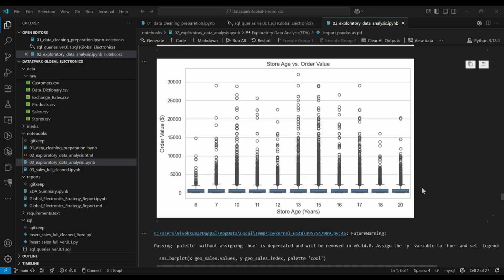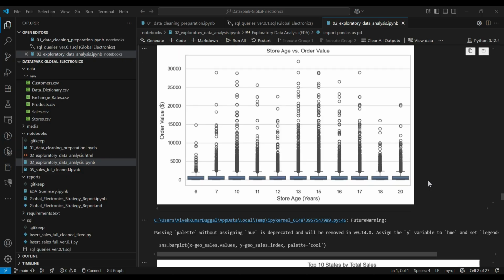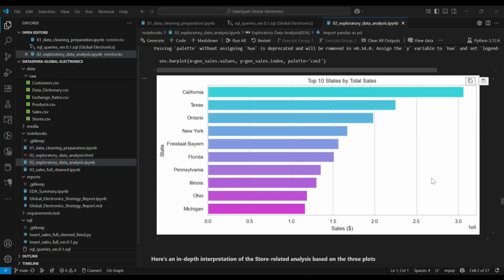Outliers exist consistently across ages, indicating that store age does not strongly influence high-value orders. Actionable insight: order value is not dependent on store age. Older stores don't necessarily perform better. Focus on other factors like store location, promotions, and layout rather than age-based expectations.